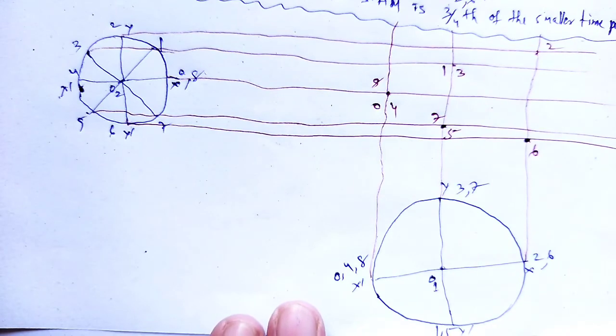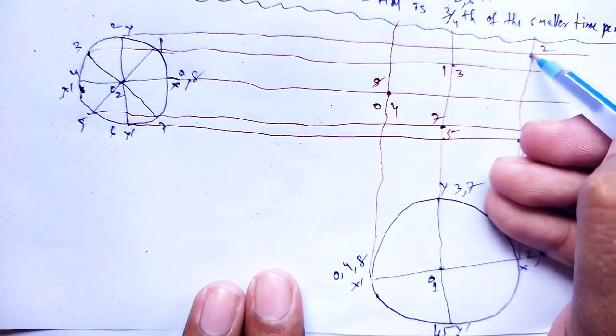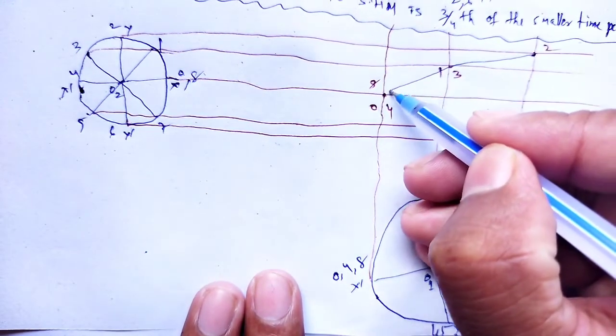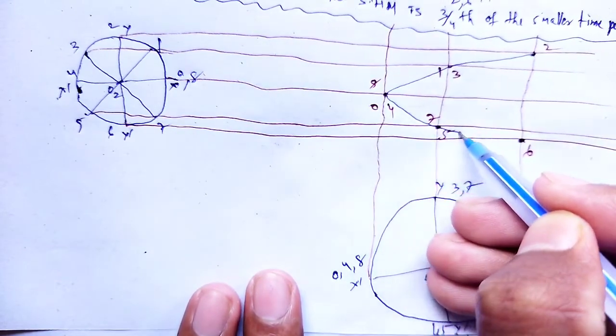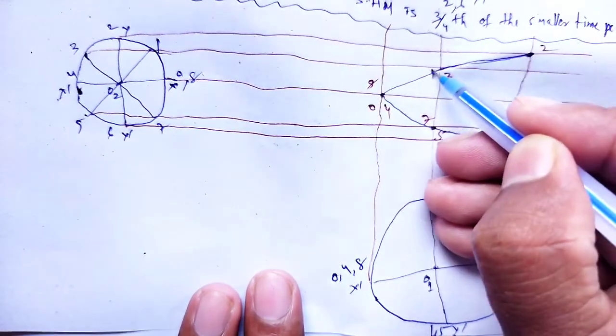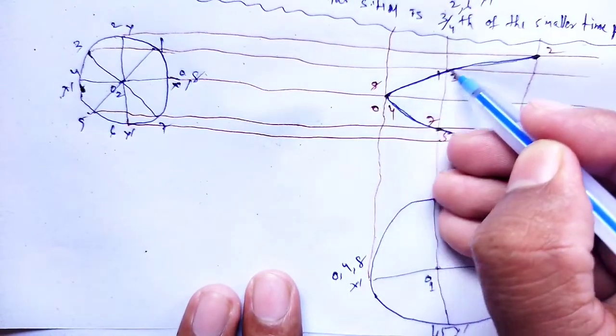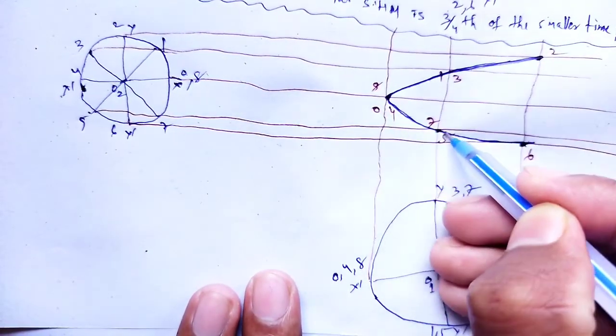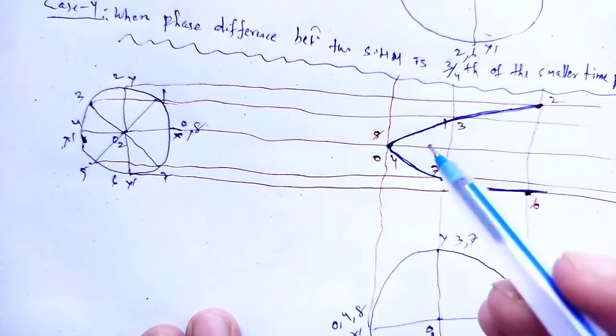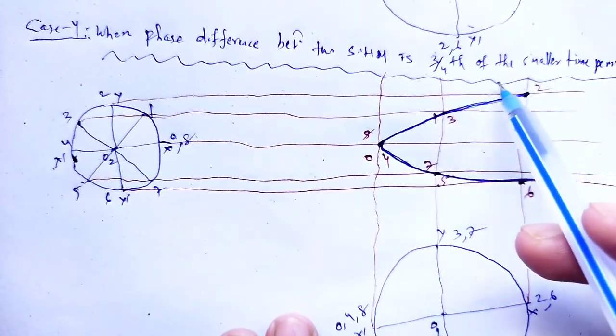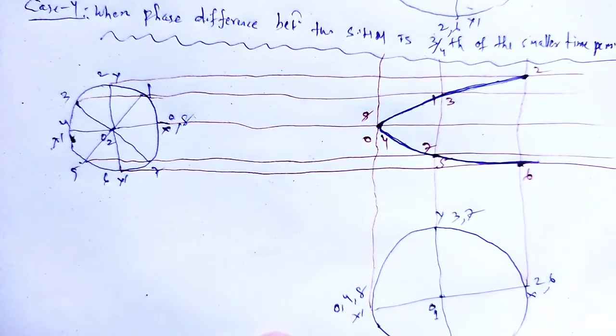Now joining these points, we have a parabola just like this. This is the shape of a parabola when the phase difference between the SHM is 3/4 of that of the smaller period.